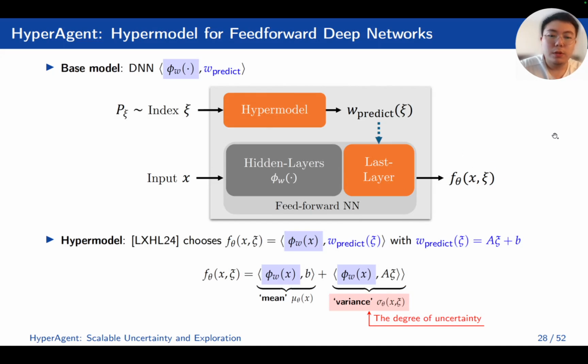And this part involving the random index will measure the degree of uncertainty. If you sample different indices, the disagreement will measure such degree of uncertainty. So this is our goal for this kind of model.